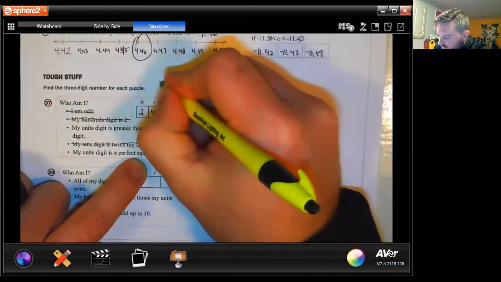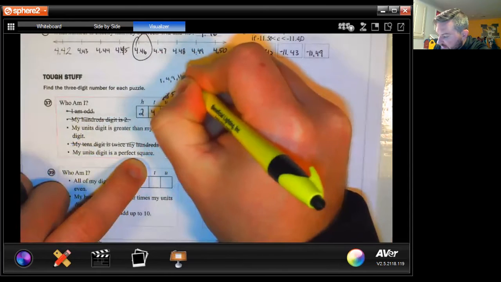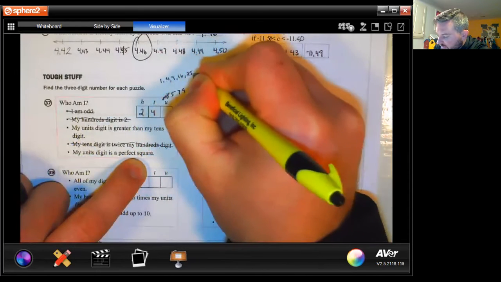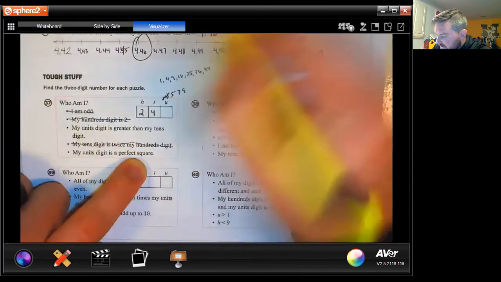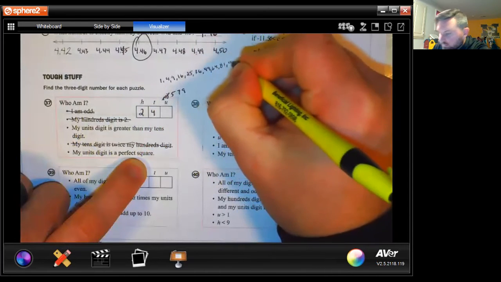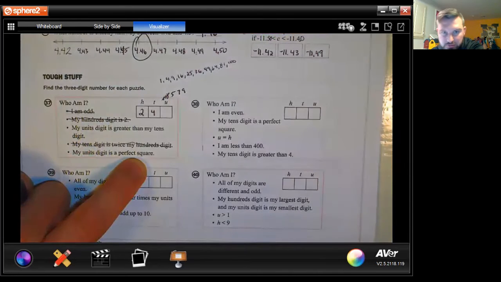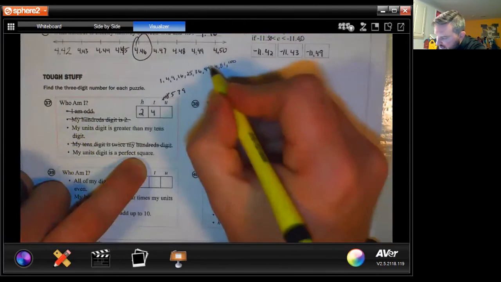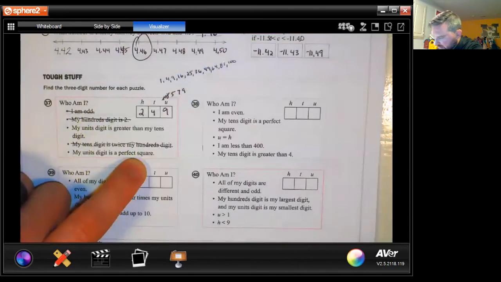Perfect squares are 1, 4, 9, 16, 25, 36, 49, 64, 81, 100. Like 1 times 1, 2 times 2, 3 times 3, 4 times 4, all of those. So 9 is the only perfect square in that list. So you get 249.